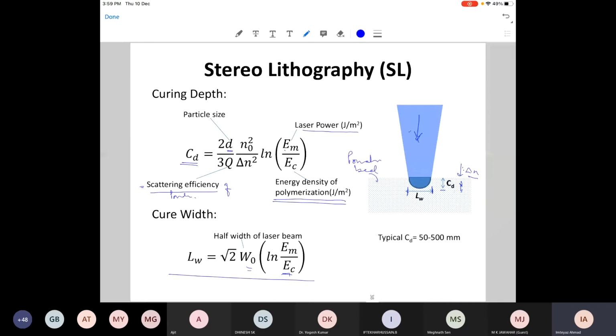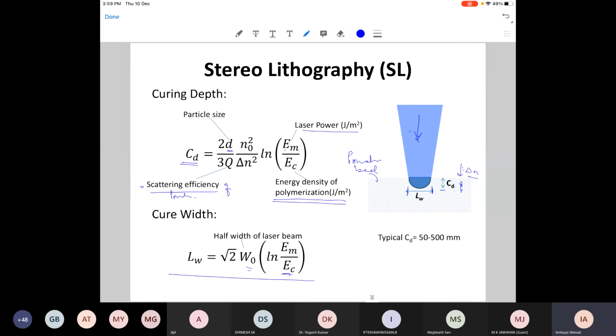So by knowing your feed, you know how much thickness you can build each time. If you build thicknesses greater than CD, you will have lamellas with uncured zones between them, and that will be fragile, so your green strength will not be great.